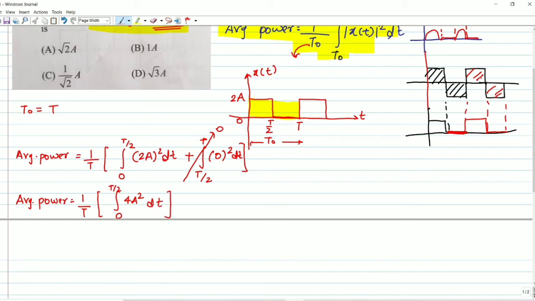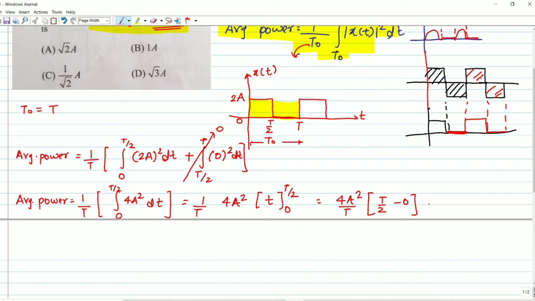Now we have to focus on this integration only. It will be 1 by T. 4a squared being a constant, I am going to take it out of the integration. Integration of dt will be small t. Now we have to put the lower limit 0 and upper limit T by 2. It will be 4a squared by capital T, with upper limit T by 2 and lower limit 0.